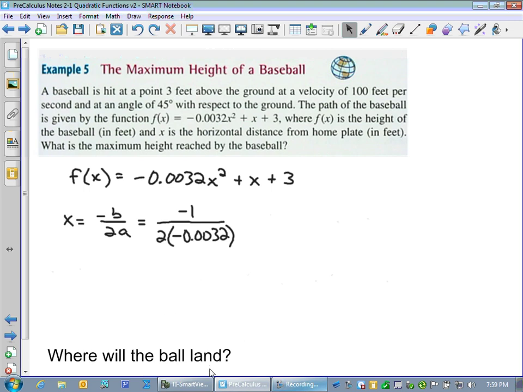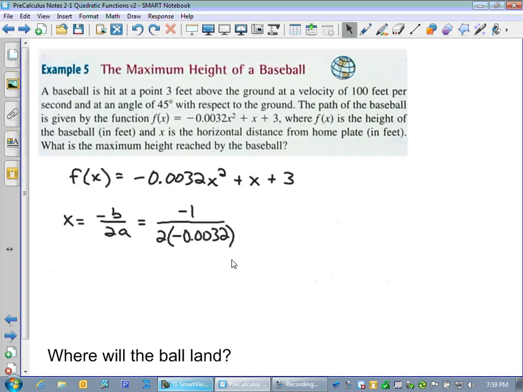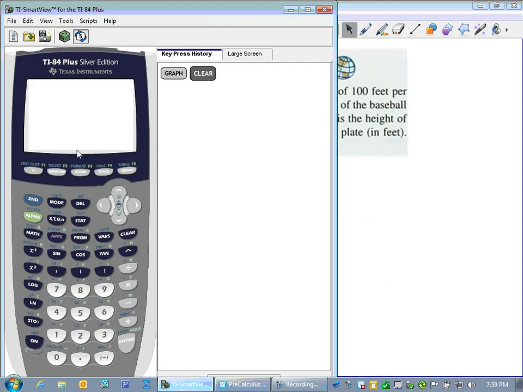Now I do want to point something out putting that into the calculator. If I go to my home screen and simply enter in that equation just the way it is, depending on your calculator, which we're using the TI-84 here, you might get the wrong answer.